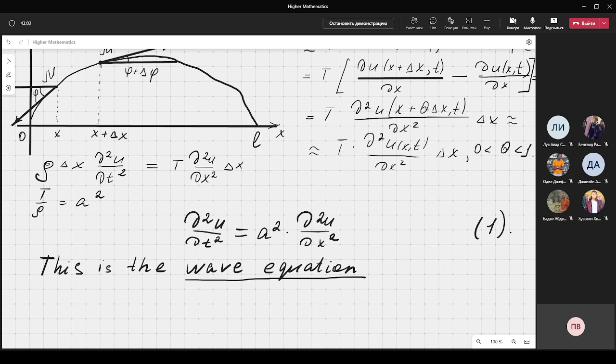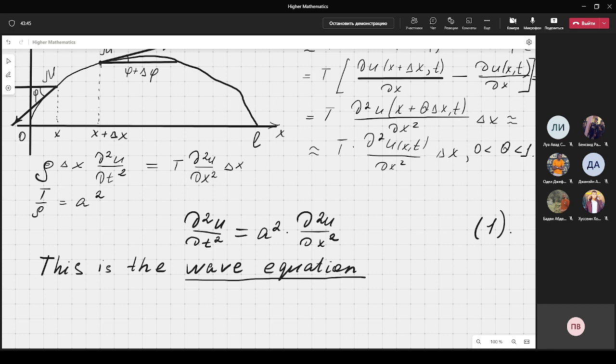Equation 1 by itself is not sufficient for a complete definition of the motion of a string. The desired function u of x, t must also satisfy boundary conditions that indicate what occurs at the ends of the string, x is 0 and x is L, and initial conditions, which describe the state of the string at the initial time t is 0.